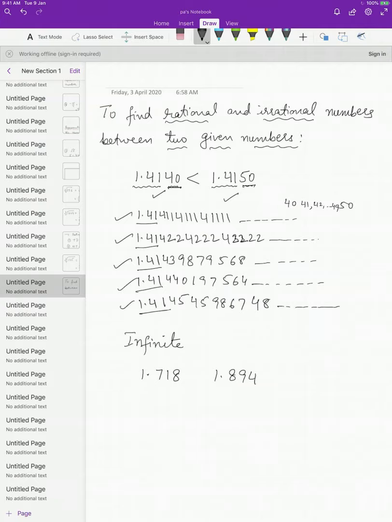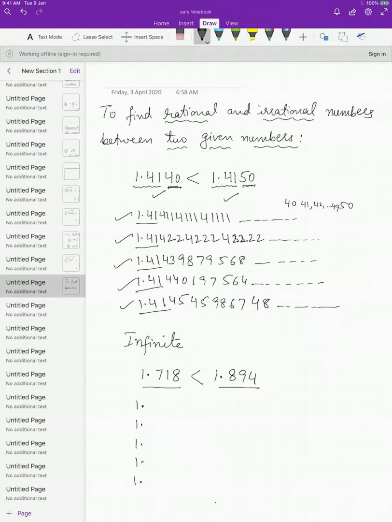Then you can easily see that among these two numbers, this is smaller than this. So I want to find a number which is greater than 1.718 but less than 1.894. So till 1 point both the numbers are the same, so my numbers will also start with 1 point.